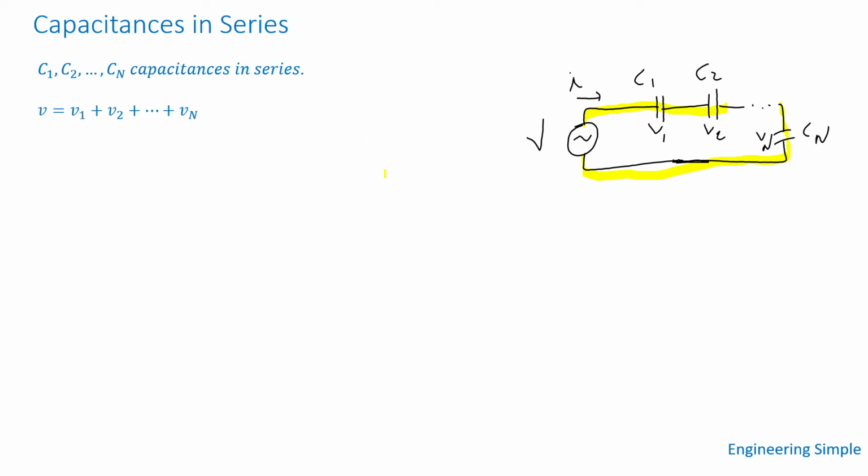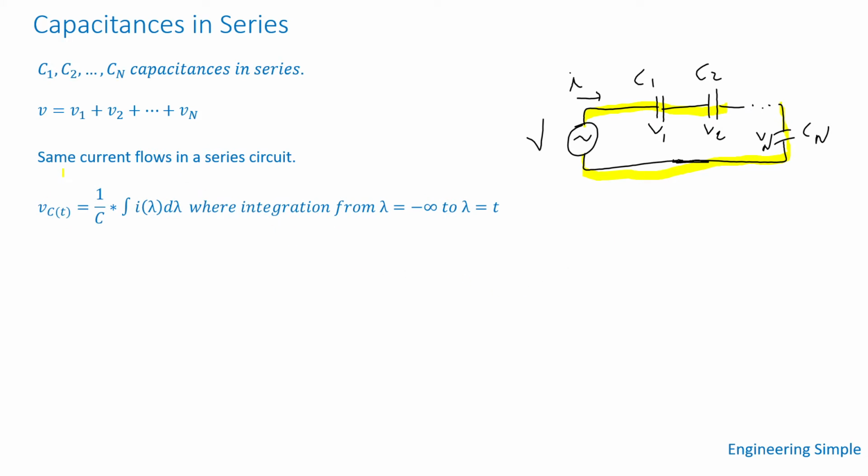Since this is a series circuit, the voltage V is equal to the voltage drop V1 plus V2 plus dot dot dot plus Vn. And since it's in series, the same current flows through all these components.